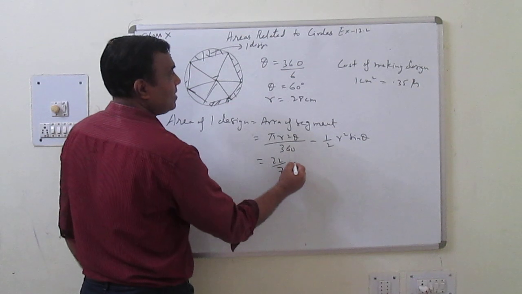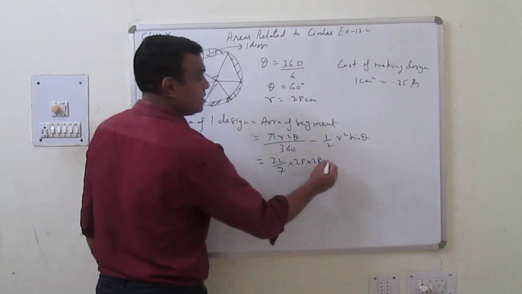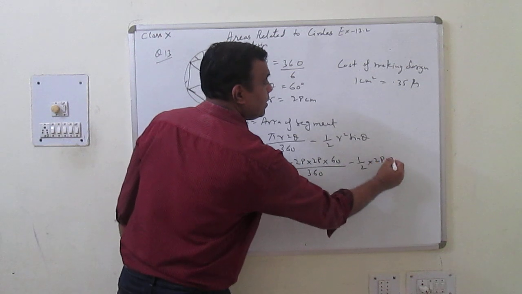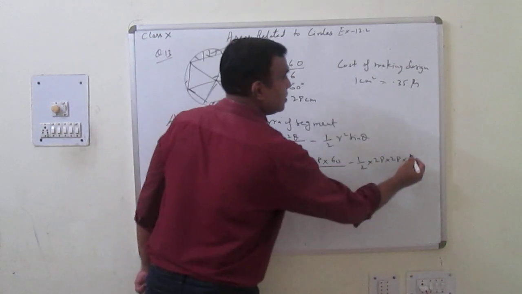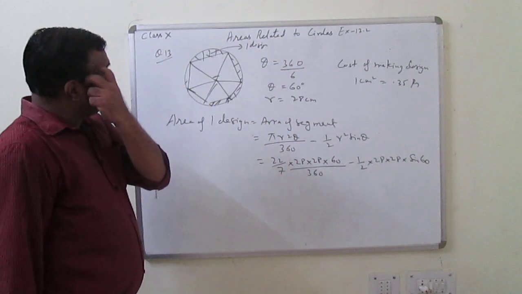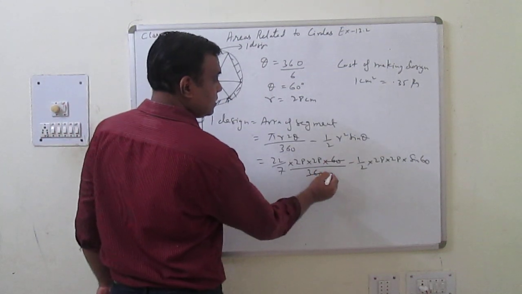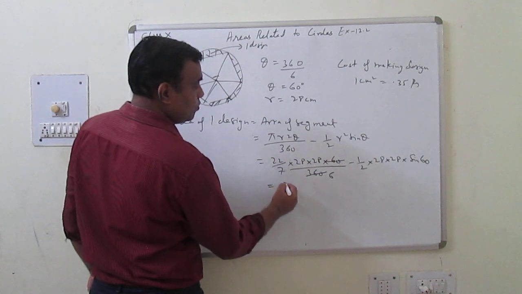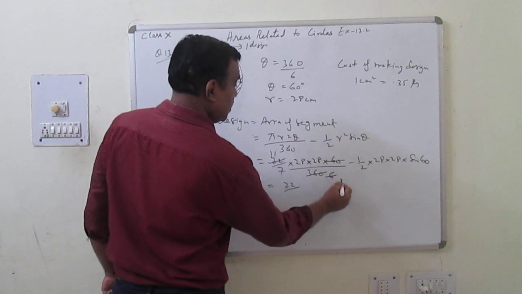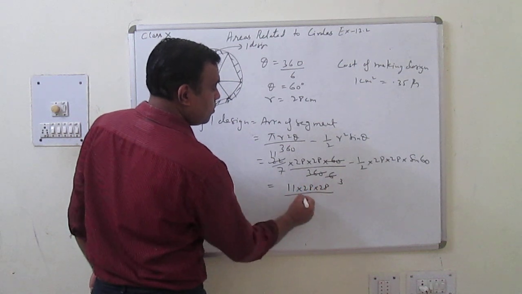22/7 into r is 28 into 28 into theta is 60/360 minus half 28 into 28 into sin 60. Theta is 60. So cut it by 6. So it is 22 upon, cut it again, 11 and 3. So it becomes 11 into 28 into 28 upon 21.